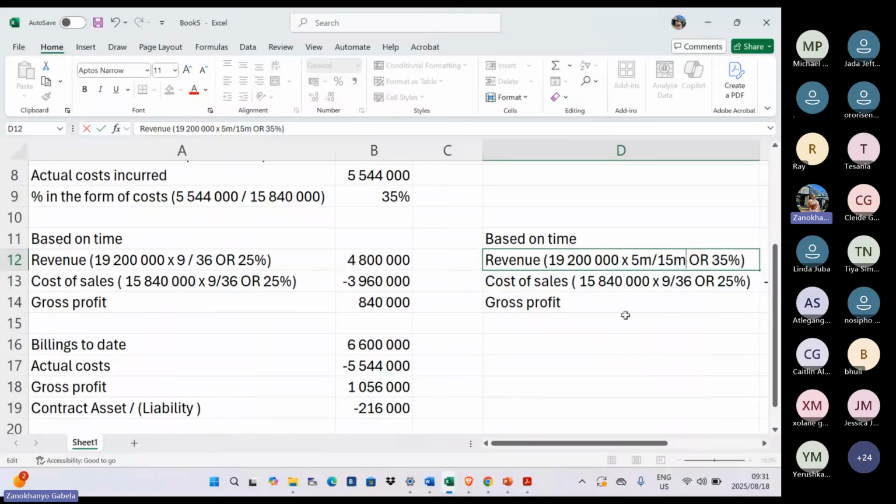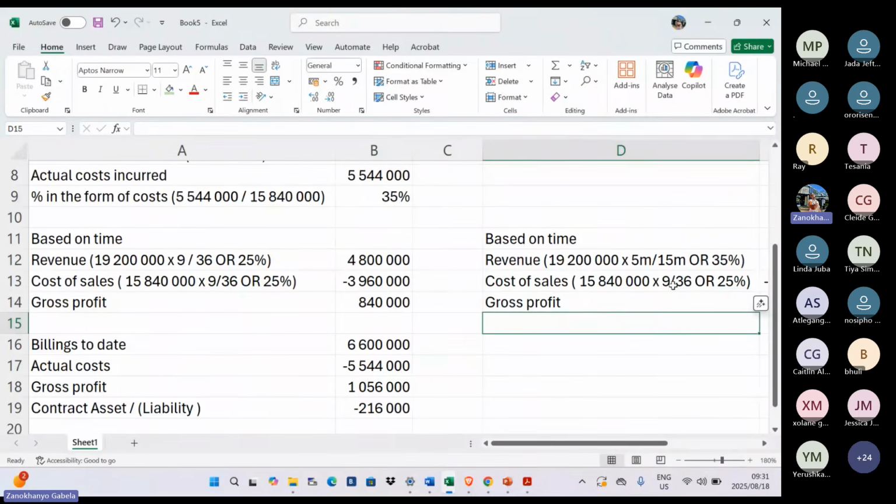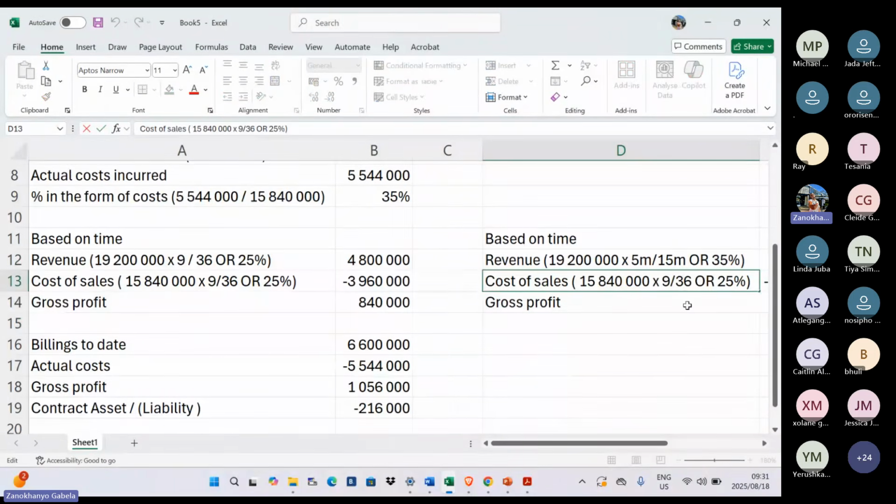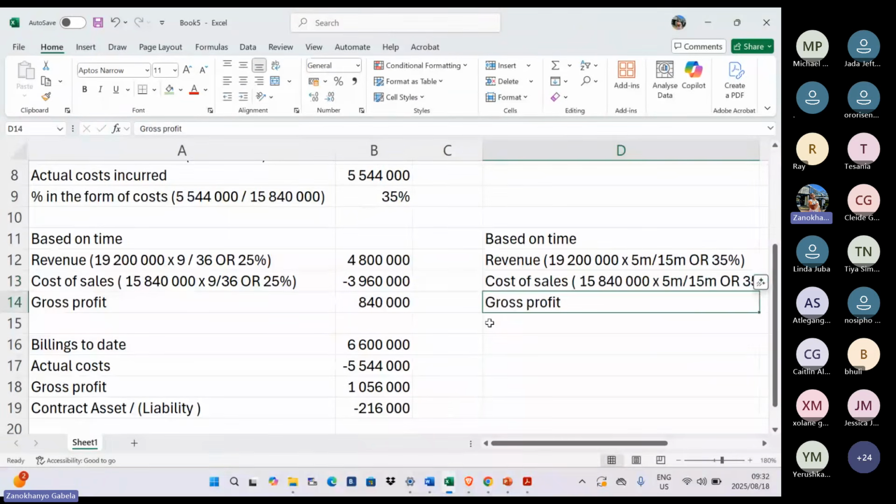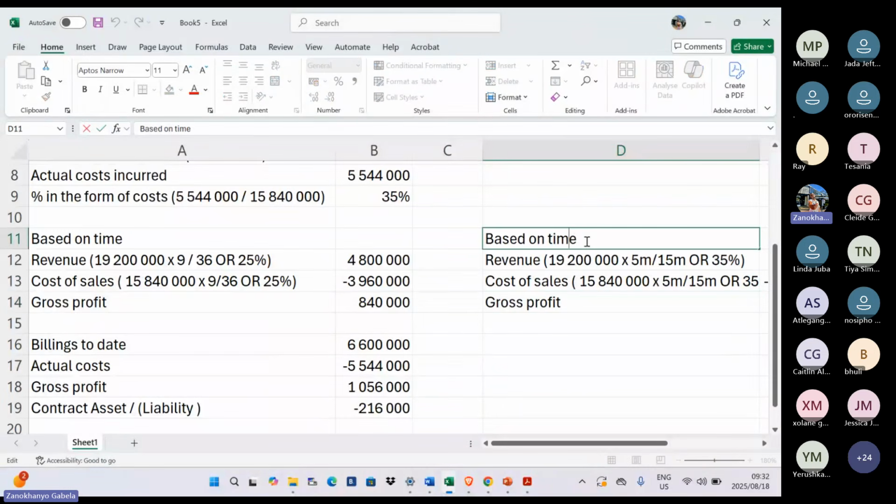Perfect, 35%, see above, obviously. And then we do the same thing to this guy over here. We say 5M over 15M, lovely. And then we say 35% because it's based on cost now, which is the input method. The other one was based on cost.